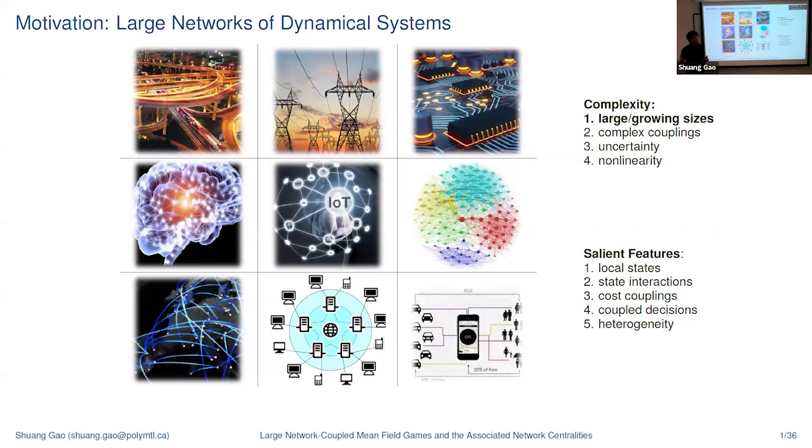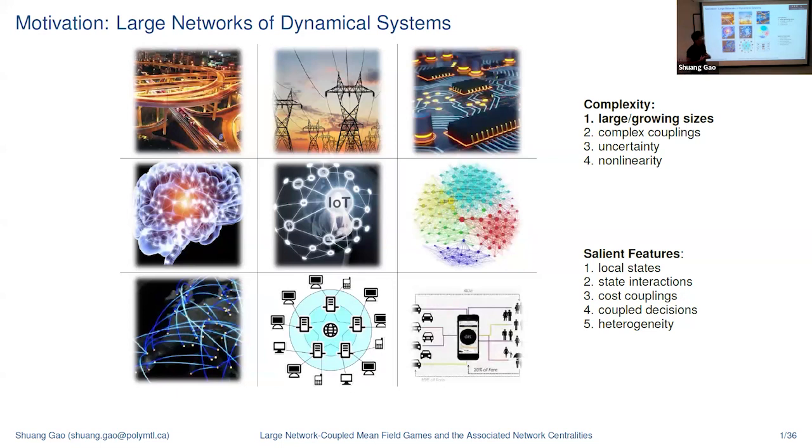At times, nodes are also associated with costs, and the costs could be coupled, hence leading to coupled decisions for these networks. Most importantly, these networks have the property of heterogeneity, which means that the connection neighborhood of one node could be very different from the neighborhood of other nodes.